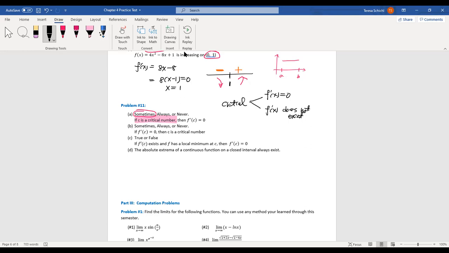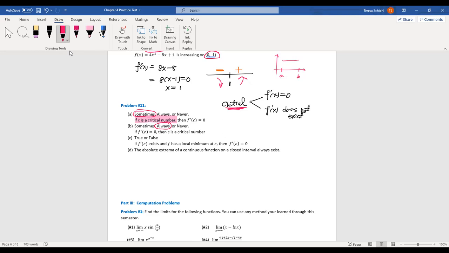Okay, so then let's say if f prime of c equal to 0, then c is a critical number. Is this true? Sometimes, always, never? This is always true because that's how we define the critical number. There are two situations, f prime of x equal to 0, right? Okay, so part C here is true or false.